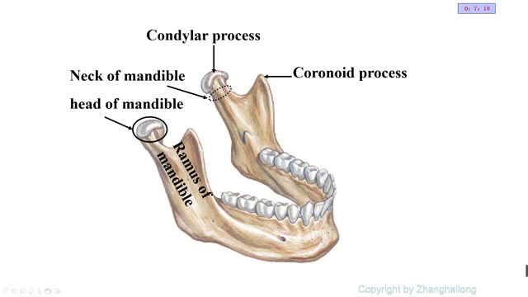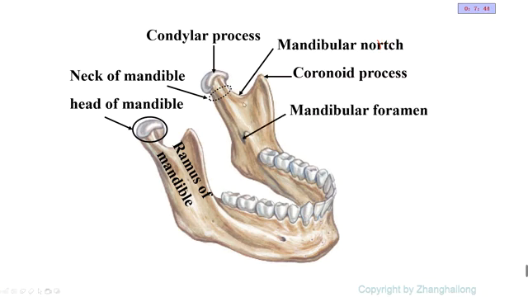On the surface of the condyle is the condylar process. It's a very smooth surface, an articular surface. And between the two processes there is a notch. The notch is the mandibular notch.